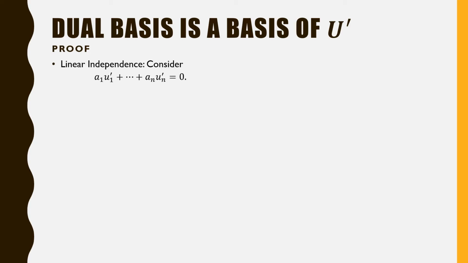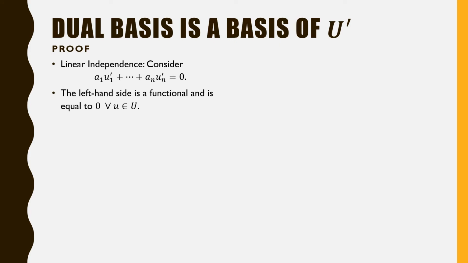All right, to show linear independence of these vectors, we need to consider an arbitrary linear combination of the vectors u1 prime to un prime and set it equal to 0, and solve for the coefficients a1 through an. If we can prove that the coefficients a1 through an have to be equal to 0, then the set of vectors u1 prime to un prime must be linearly independent.